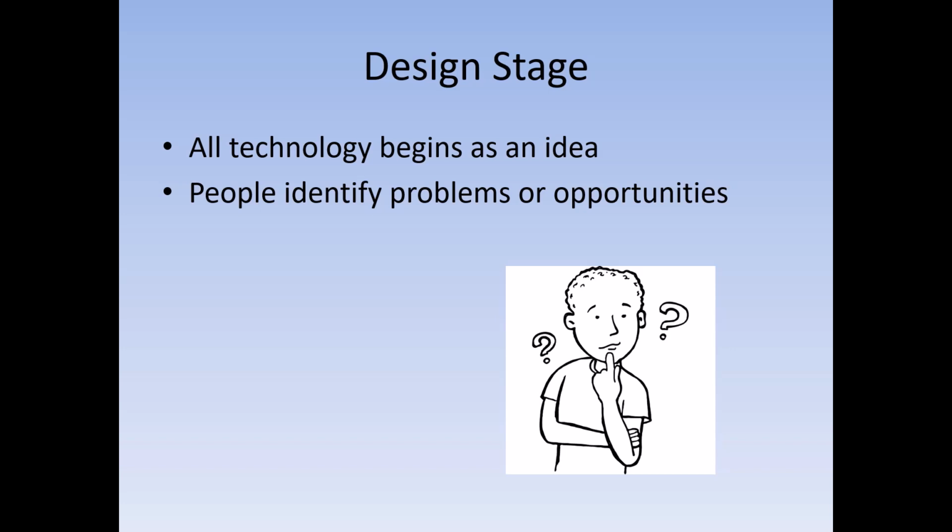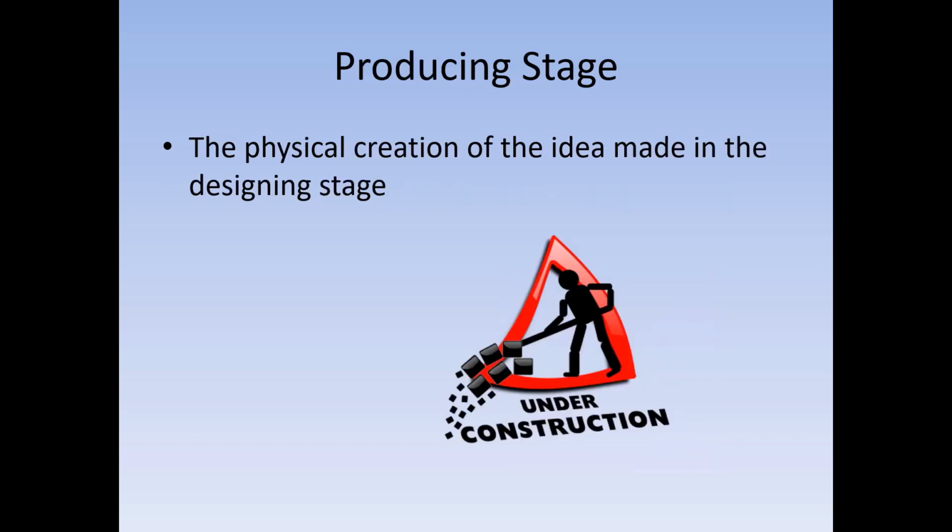So after I've identified a problem and I thought of ways to solve the problem, then I'm going to produce my solution. So let's give an example. In the design stage, my shoe's untied, okay?